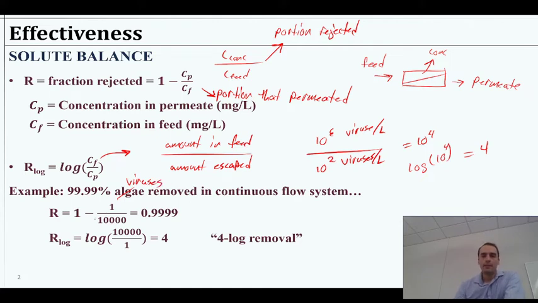So in that case, we could write the R as 1 minus C in the permeate, which was 100 per liter, divided by 1,000,000. You see here, we could just add a couple zeros to make it consistent with my example. Same thing, right?